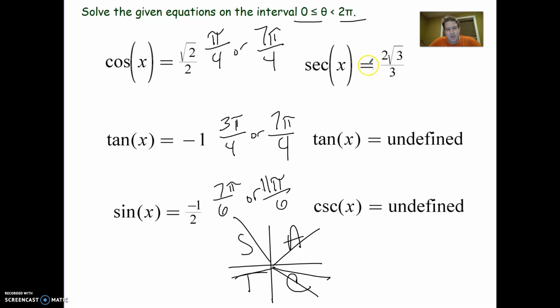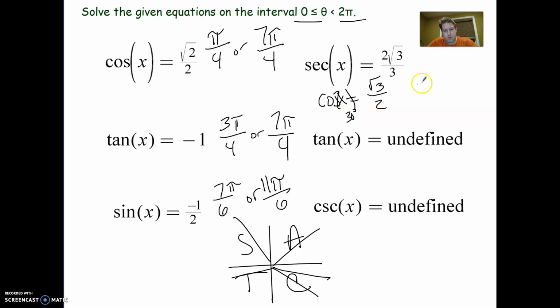All right, so secant is this. So that would be the same thing as cosine equals square root of 3 over 2, right? Because that's the reciprocal. This is the reciprocal of this. And I asked myself, what cosine of what angle is square root of 3 over 2? And that happens to be 30.